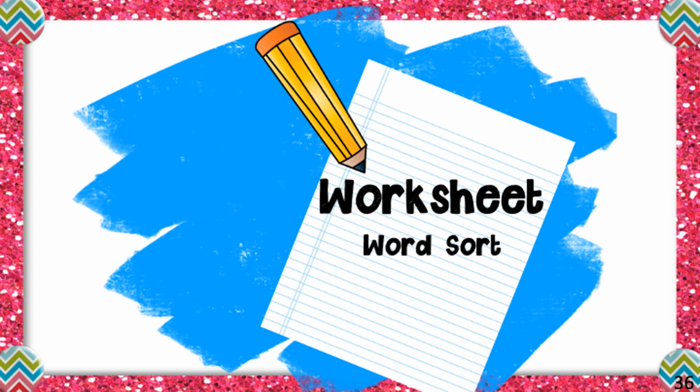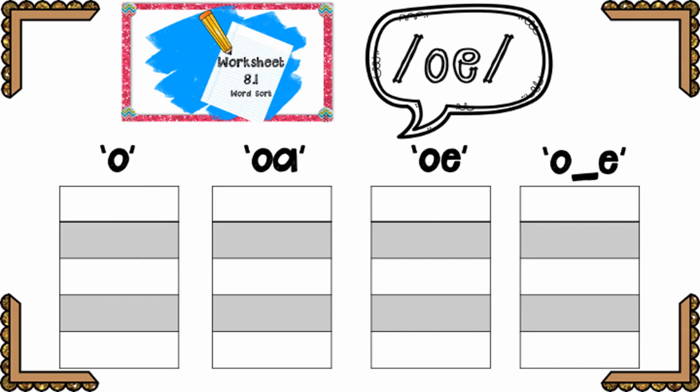Okay, so on 8.1 or page 45, we're going to be sorting these O sounds based on which way the O sound is made. So you have a column for O, OA, OE, and O consonant E.